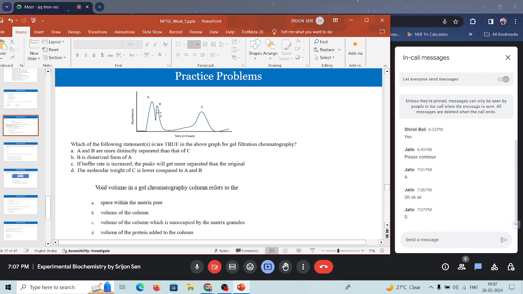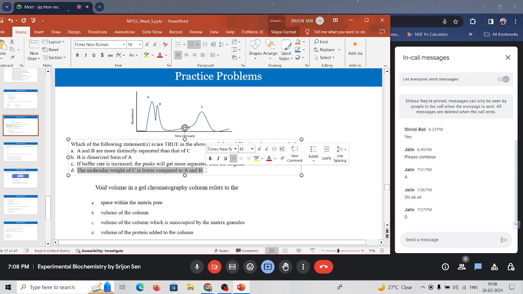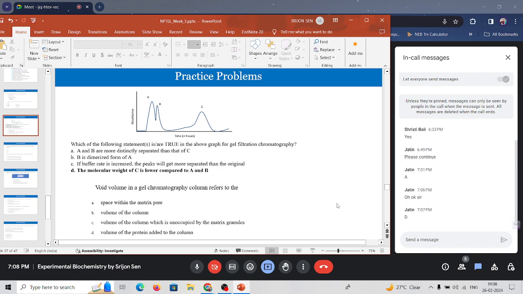So this is incorrect. If the buffer rate is increased, the peaks will be separated more than the original. That is also incorrect. The slower the buffer rate, the more resolution you would get for your separation. And the molecular weight of C is lower compared to A and B. That is the only correct option. So D is correct.